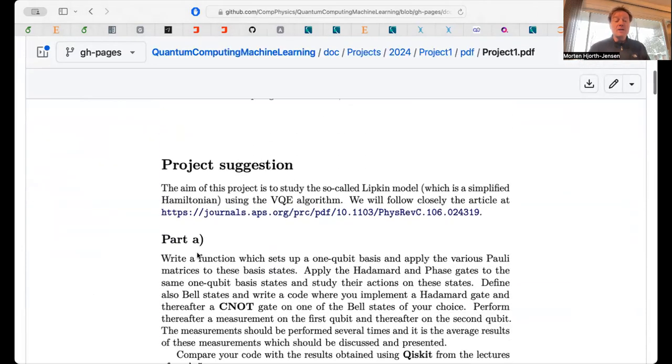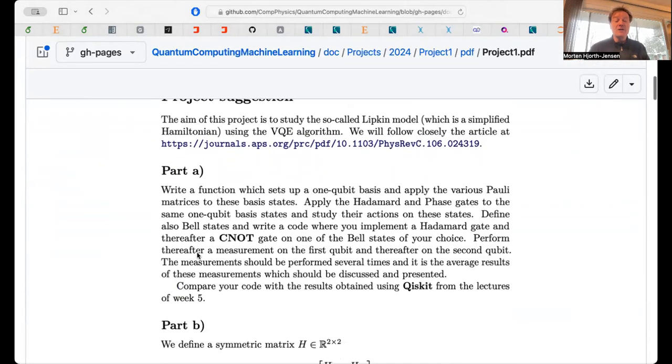You will then see that the first part deals with you applying the Hadamard and some other gates and the CNOT gate on the Bell states. So here you can compare your codes with the results obtained with Qiskit, and these are the codes which you will find in the slides here.